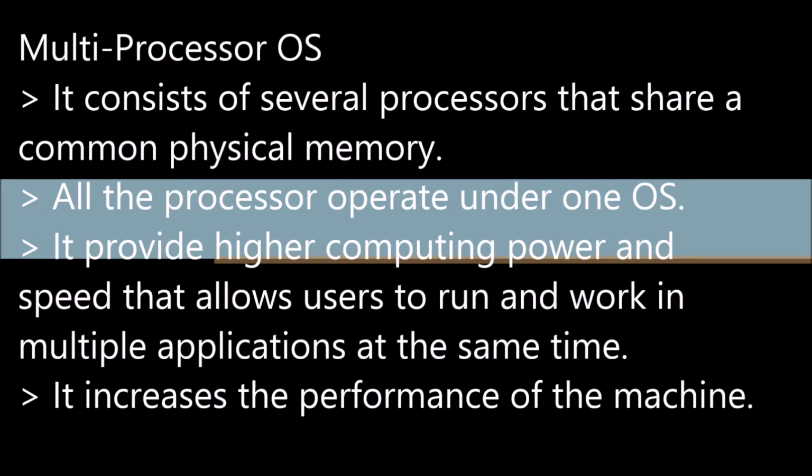All the processors operate under a single operating system. It provides higher computing power and speed that allows users to run and work in multiple applications at the same time. It increases the performance of the machine.